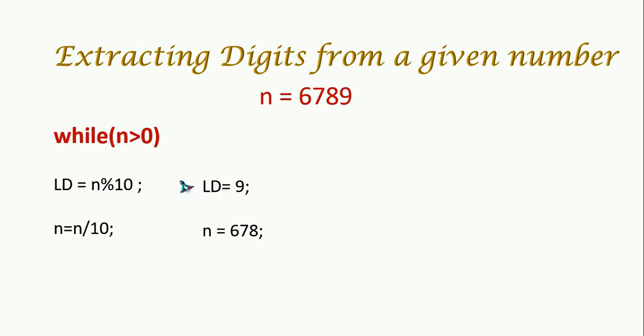In the second round, again it is going to do from the beginning, because already n is 678. Then mod 10 will become 8. The next time again we are going to divide by 10 and it becomes 67. So n is 67, again mod 10 it becomes 7.